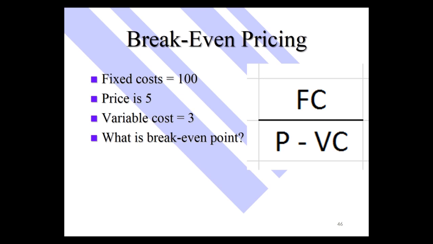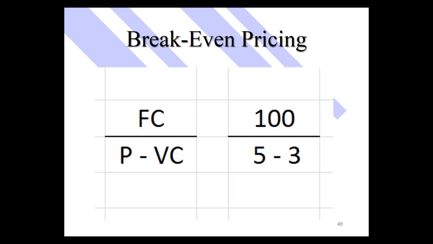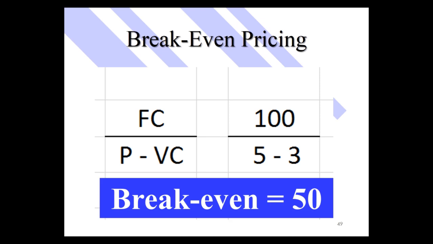When we plug those into the equation, that's 100 divided by 5 minus 3, 100 divided by 2, our break even is 50. Relatively simple concept there, break even.